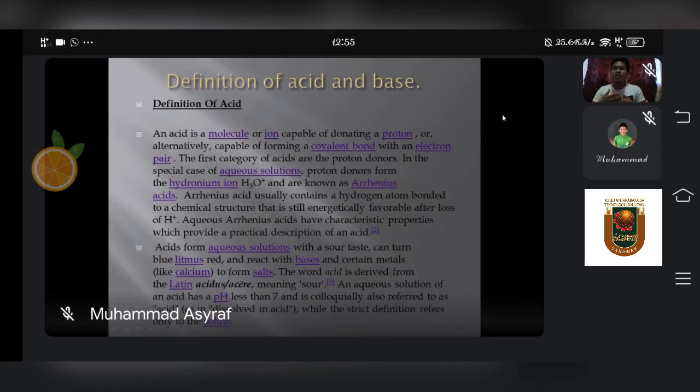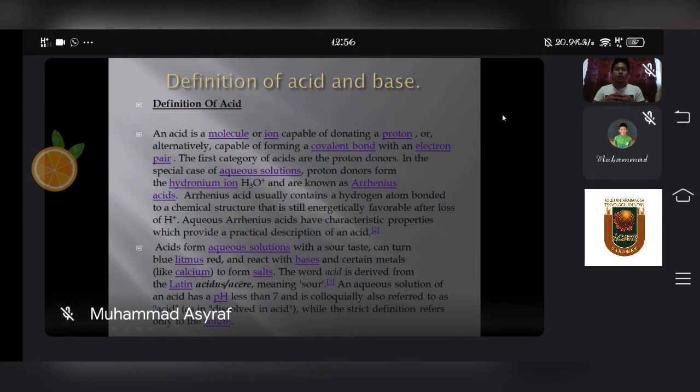The special case of aqueous solution, proton donors form the hydronium ion H3O+ and are known as Arrhenius acid.